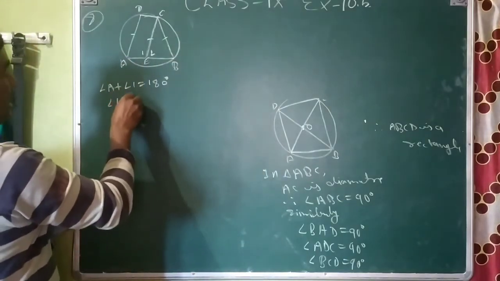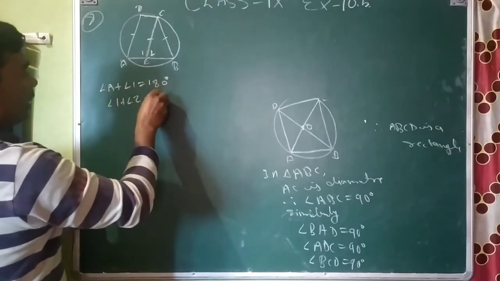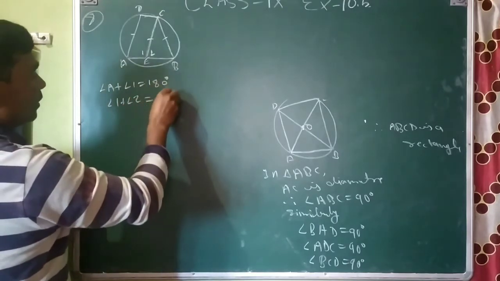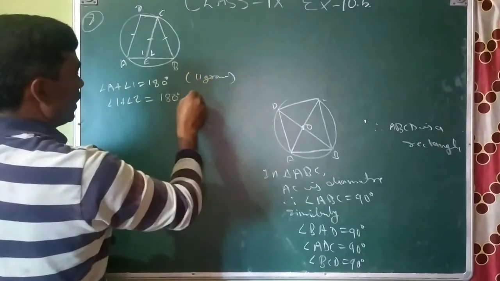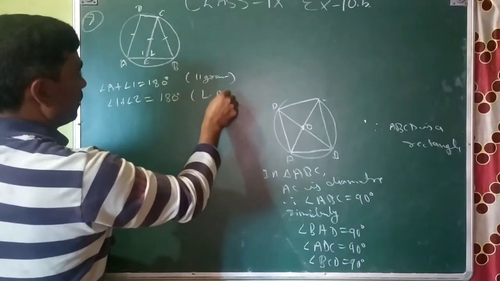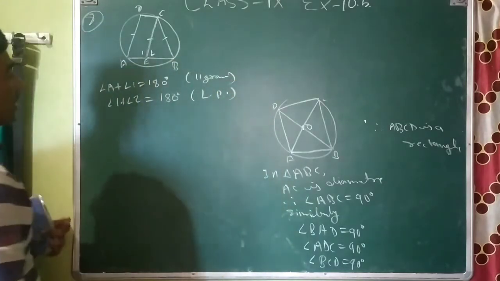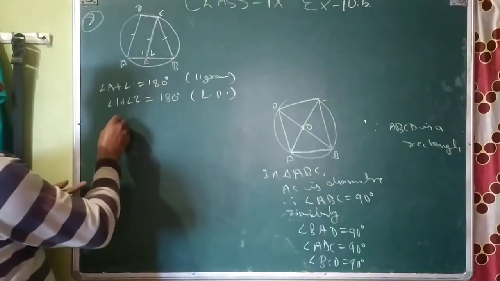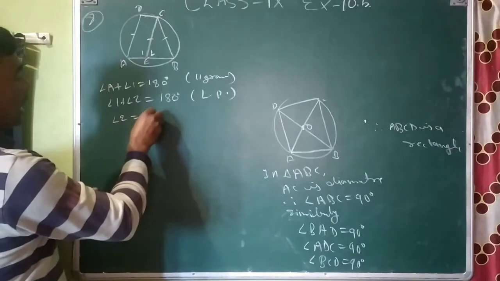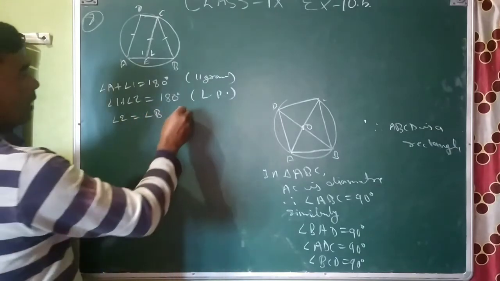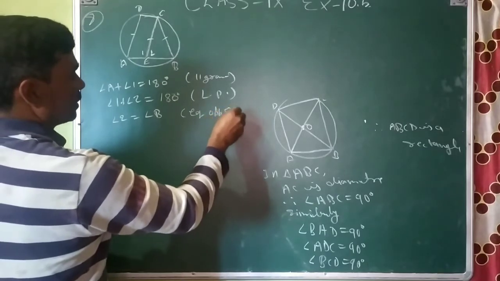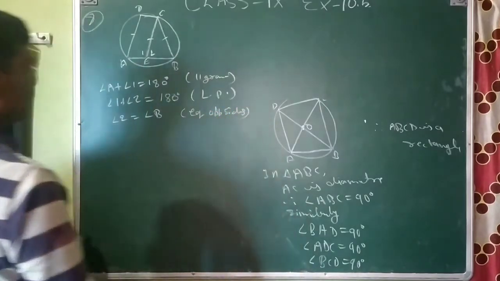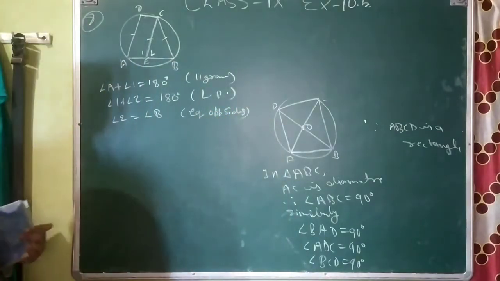Angle 1 plus angle 2 is equal to 180 degrees by the linear pair, and then angle 2 is equal to angle B also, by equal opposite sides. If the opposite sides are equal, then the angles are equal.